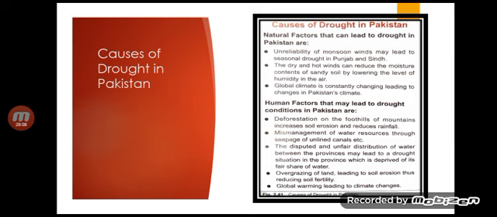Because while Pakistan has a lot of water resources, in fact the Indus River is among the largest rivers in the world, we have not been able to fully utilize its water due to many political reasons. And global warming and overgrazing of land are also main human factors that have contributed to droughts in Pakistan.